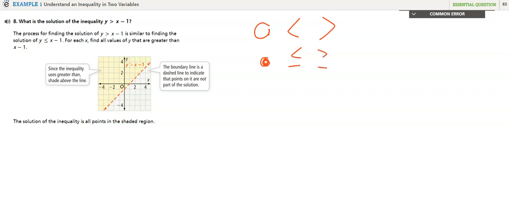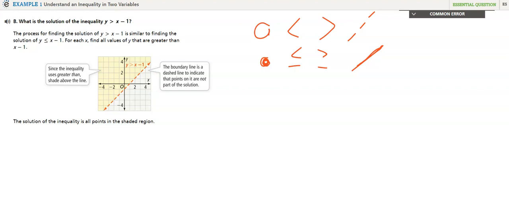It's kind of the same thing. Now, all of our less than and greater than symbols are going to have dotted, dashed lines, and all of our ones that are also equal to will have a solid line because we're including all of the points.